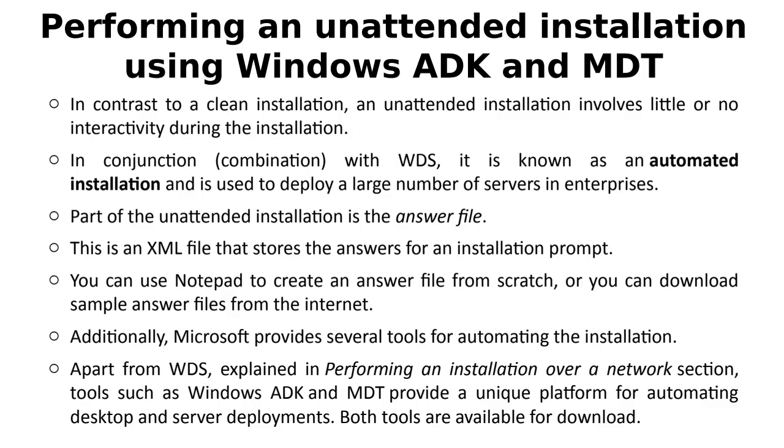Imagine you are a network administrator and you want to come and install on 25, 26 computers. It's better to do it through the network and use unattended. Much faster. Imagine if you want to do it for the whole floor. So for this one, we use the WDS tools.